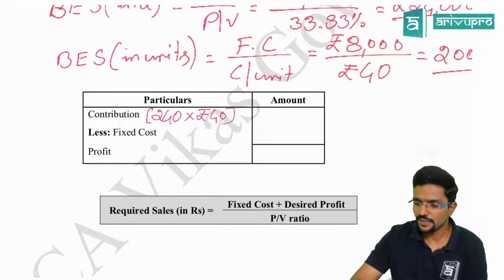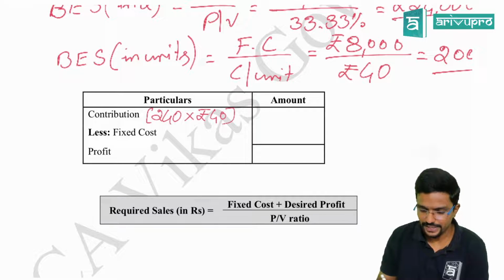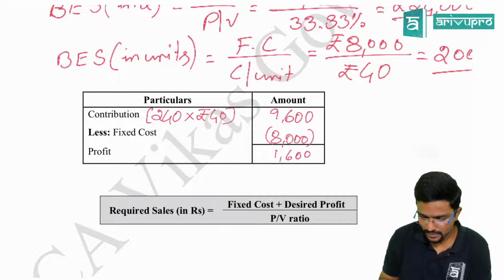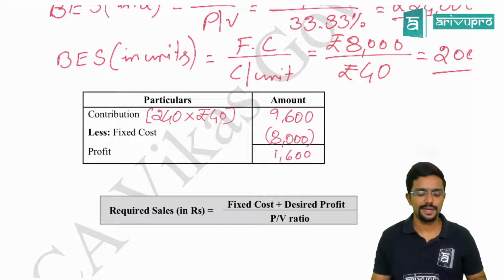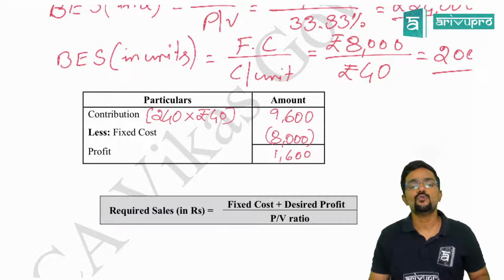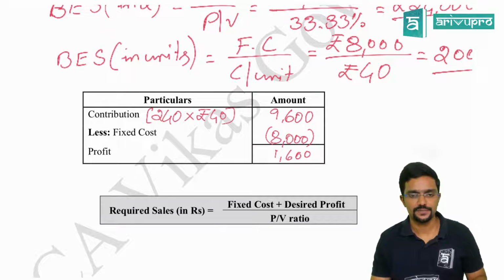So 240 units into contribution, you will get total contribution. And fixed cost is 8,000. So it is 1,600. The company is making a profit of 1,600 if they are selling 240 units.